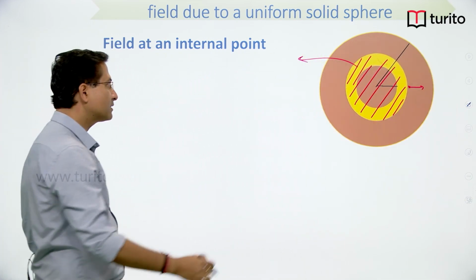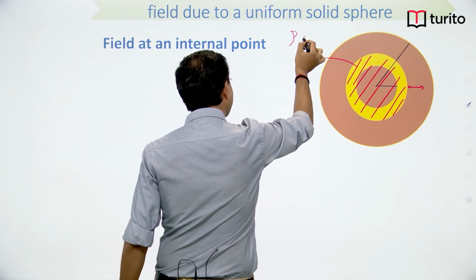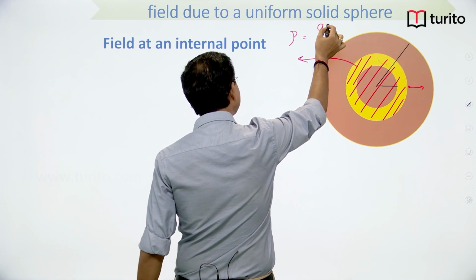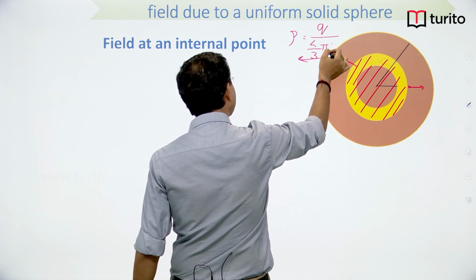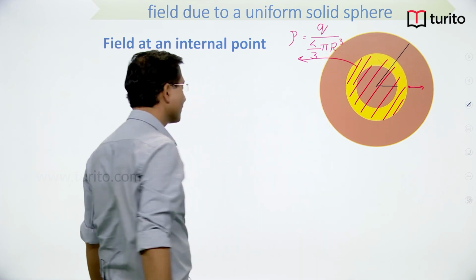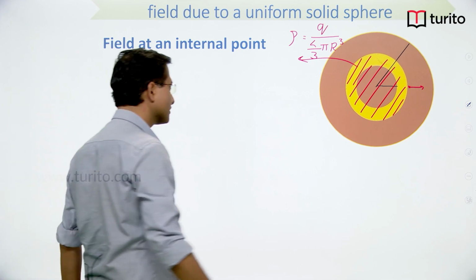So if the volume charge density here is rho, that is nothing but total charge q divided by 4 by 3 pi r cube. What would be this charge?